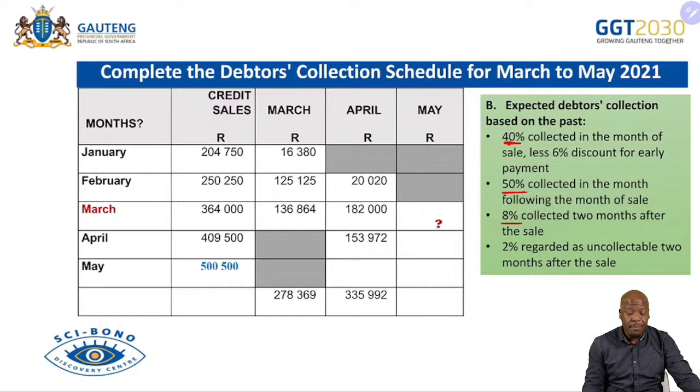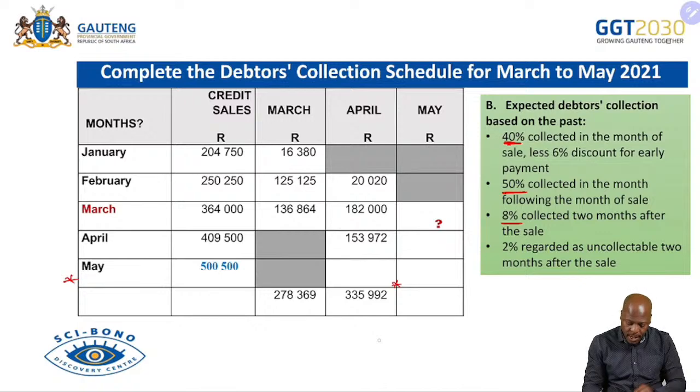That is very easy. In other words, if I sell in the month of May, I will collect something in the month of May. That's what I'm being told. So if I would make it very simple, we can quickly come up with a way percentage I'm going to collect.